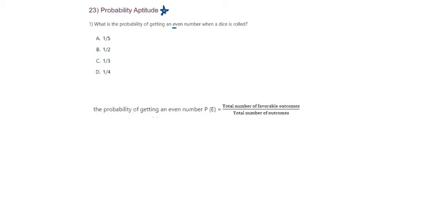Let's see. What's the probability of getting an even number when a dice is rolled? Suppose I take S as the dice. A dice has how many sides? It has 1, 2, 3, 4, 5 and 6.